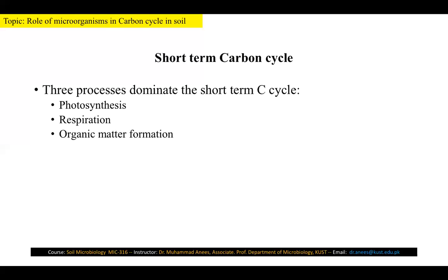The short-term carbon cycle is dominated by three processes: photosynthesis, respiration, and organic matter formation.